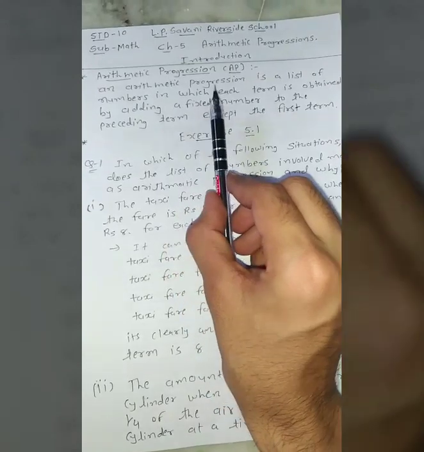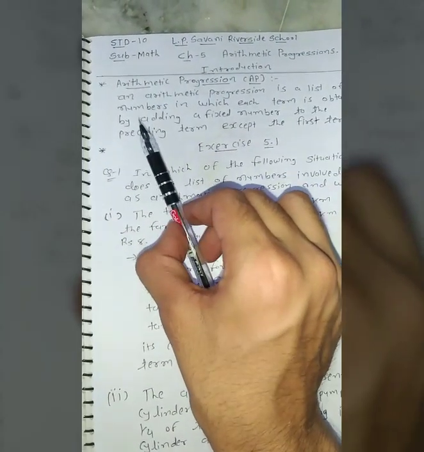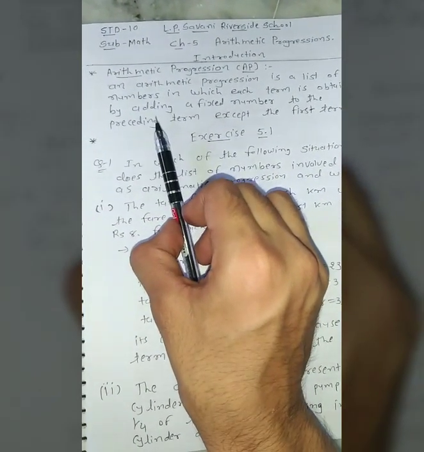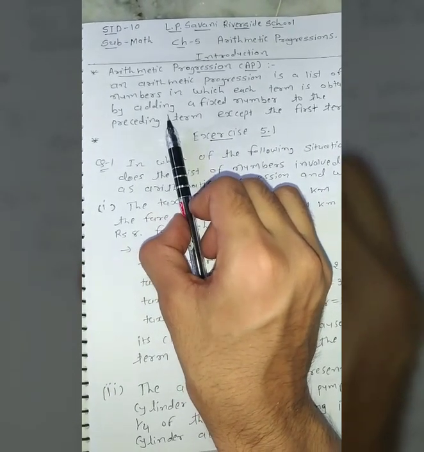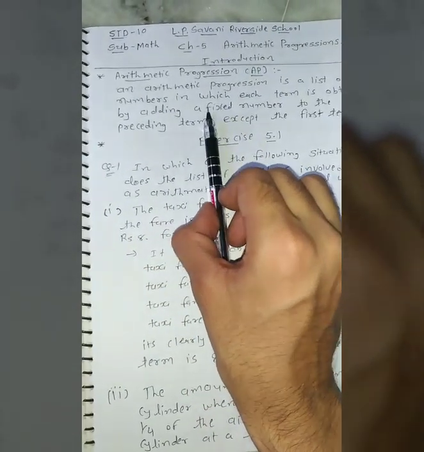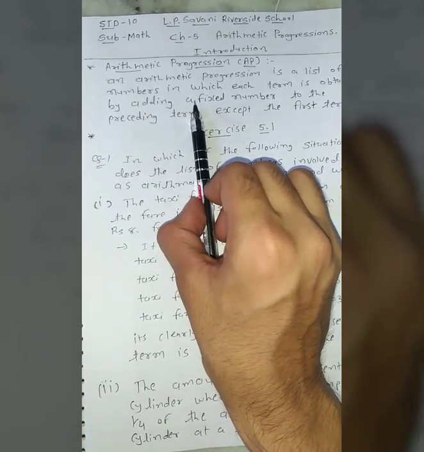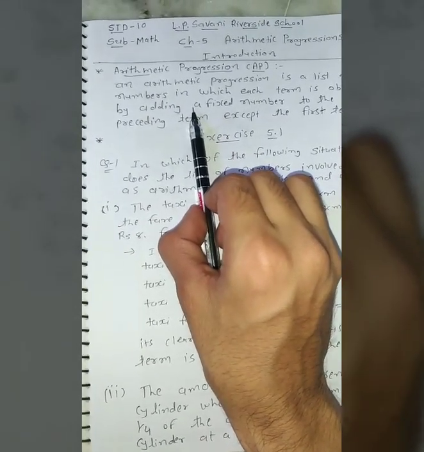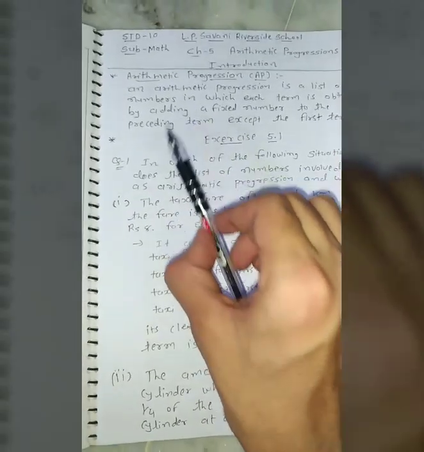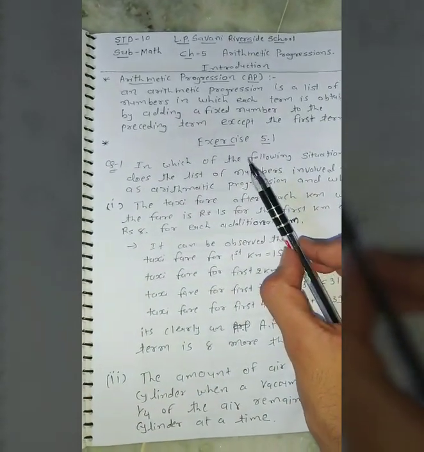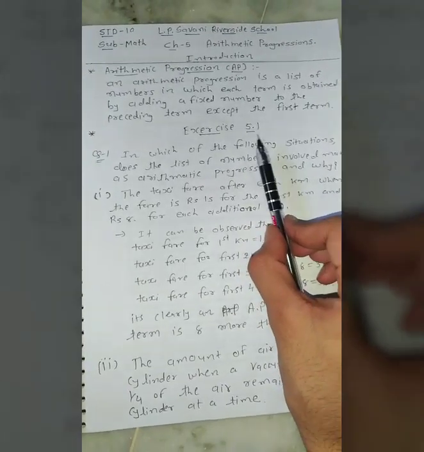I just write here one definition. After the definition, if you apply this definition in an example, you can easily understand what this definition wants to say. Okay, so let's start with exercise 5.1.